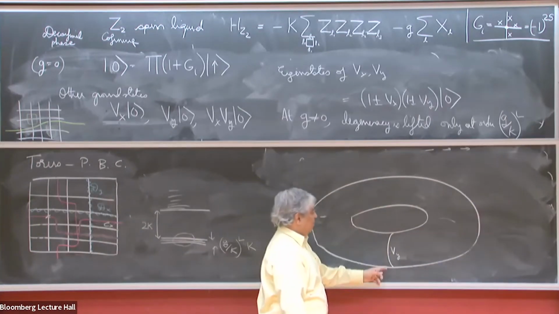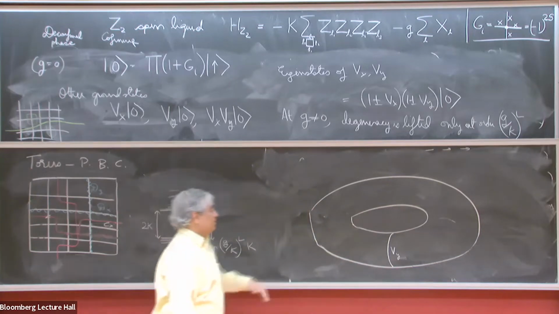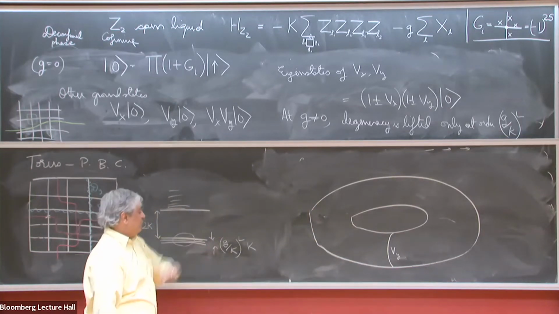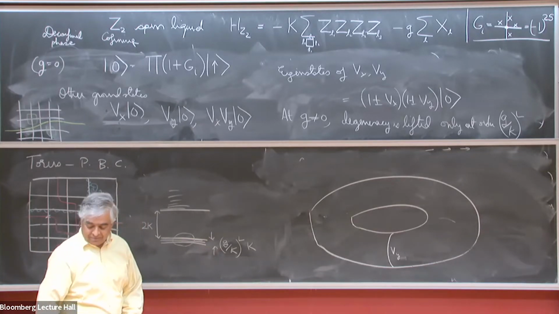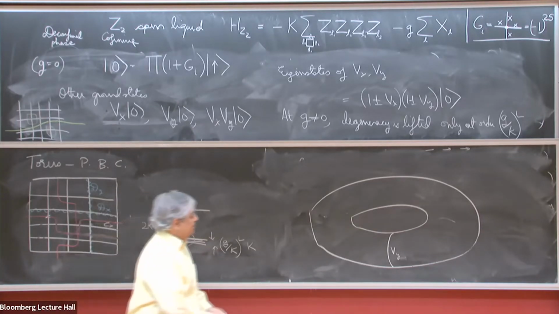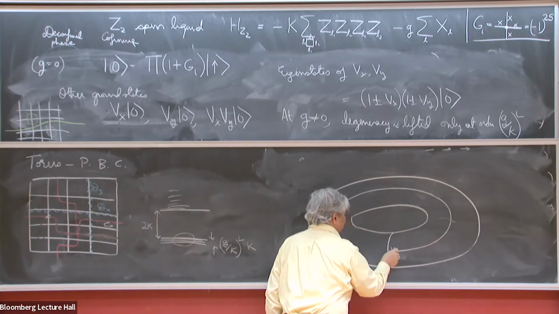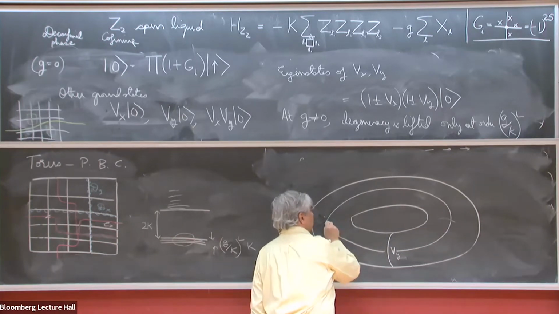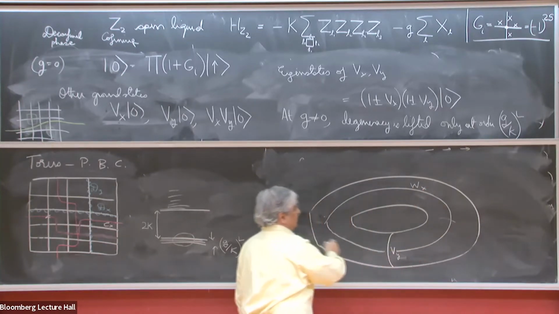Now, how does this state differ from the original state? In this new state, let me measure the value of Wx. So I'm going to take Wx, which will be on this contour, in this way.